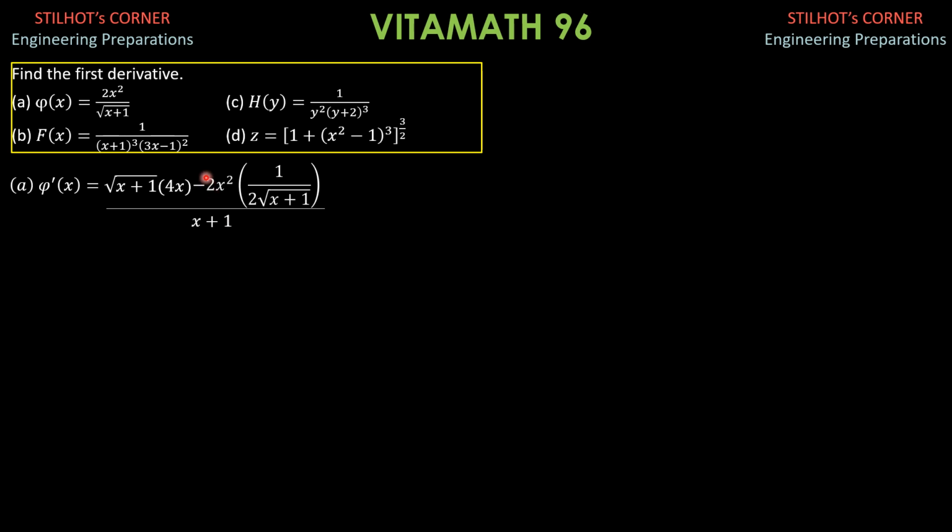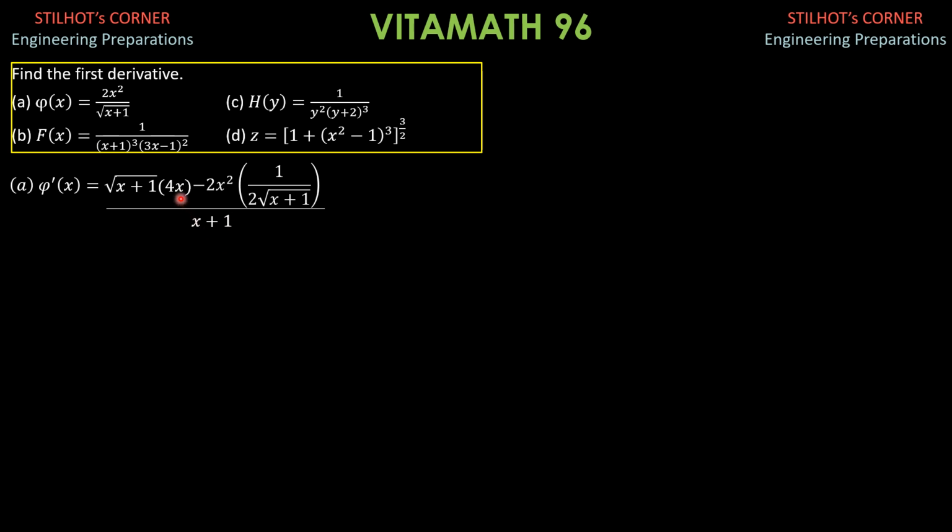Then we simplify. We first cancel out 2. Then cross multiply. So this becomes 4x times x plus 1, then minus x squared all over square root of x plus 1 times quantity x plus 1.